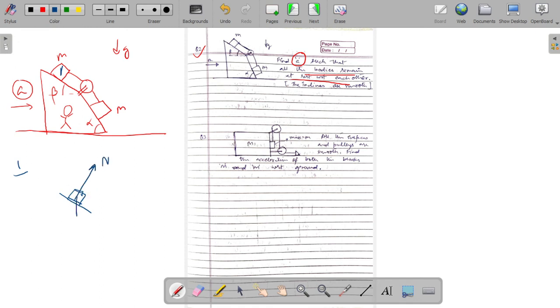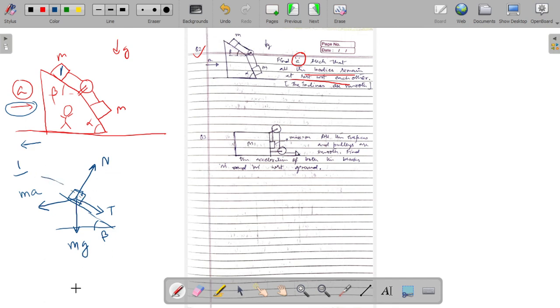Normal reaction N in the upward direction, gravitational force mg, tension T, and the pseudo force acting in the backward direction. This would be backward because the acceleration of the wedge is in the forward direction. So we reverse that acceleration vector, and then multiply it with the mass which we are trying to observe, and the angle of inclination is beta.